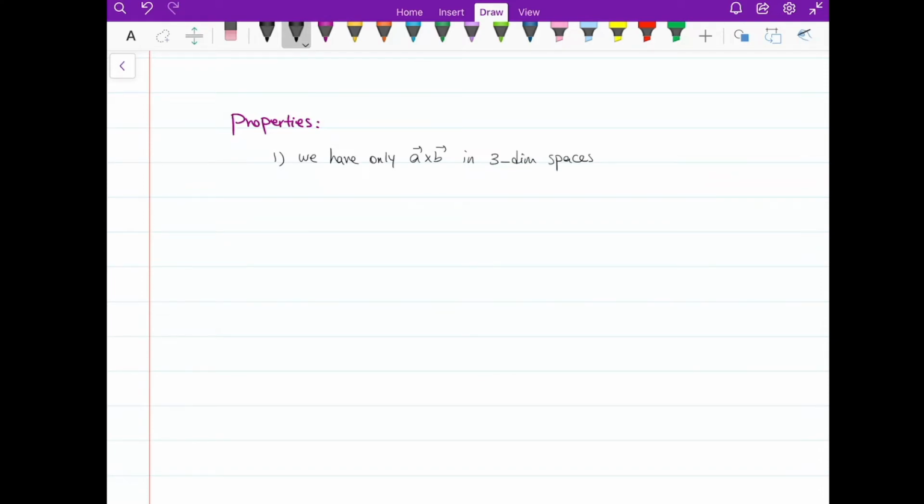Why? It's just because the cross product is out of the plane of A and B. That's why we need three-dimensional spaces for that.